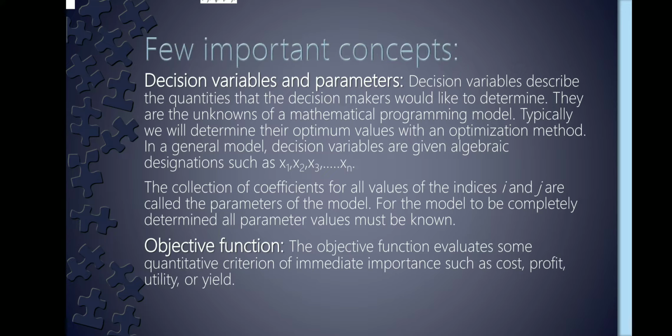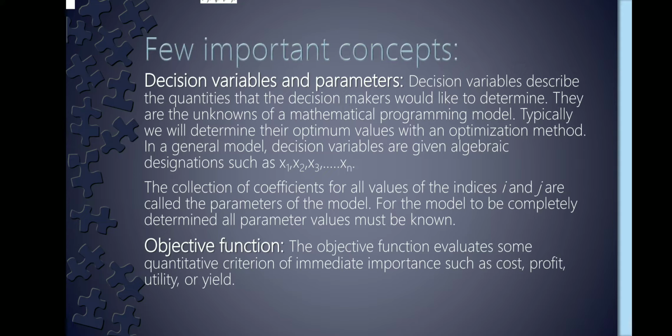Decision variables describe the quantities that the decision makers would like to determine. So they are the unknowns of a mathematical programming model. Typically, we will determine their optimum values with an optimization method.